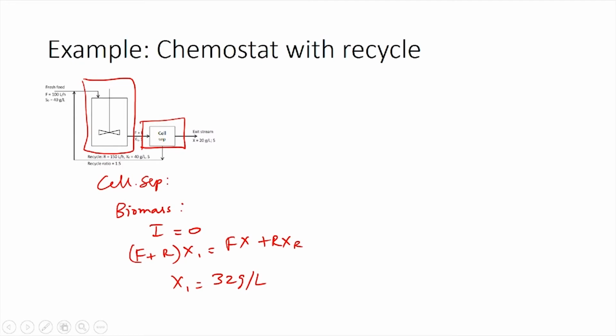So, for the chemostat, we can write a biomass balance. So, the biomass balance for the chemostat would be input minus output plus generation minus consumption equals accumulation. No accumulation and consumption, we are assuming that there is no cell death. So, consumption goes to 0. So, input is you do not have any input through the fresh feed, you only have biomass input through the recycle stream.